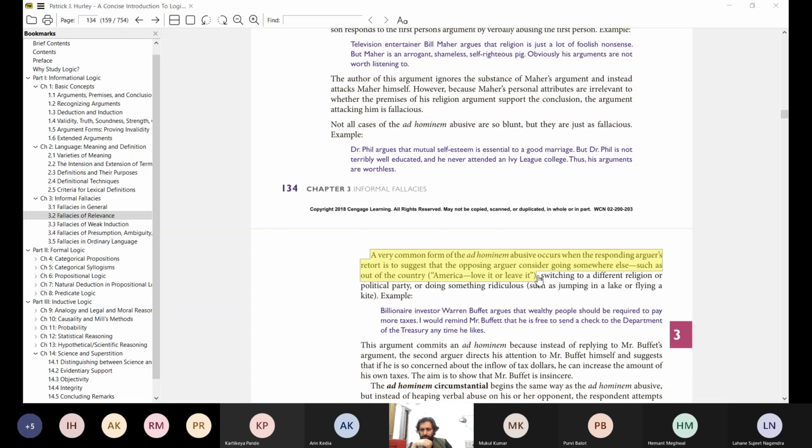As Hurley points out, there are these three types. There's the abusive, there's the circumstantial, and then there's the third, I don't know how you pronounce that.